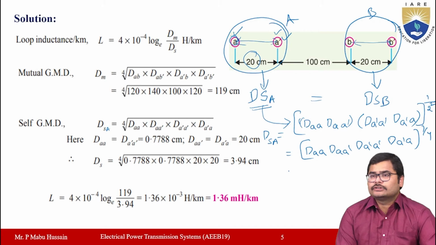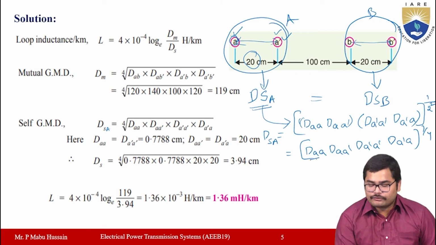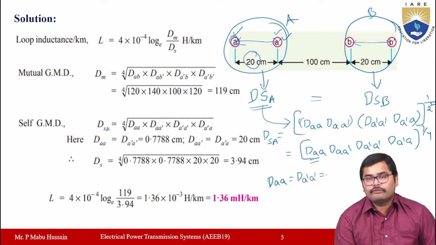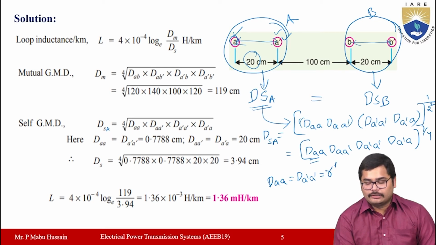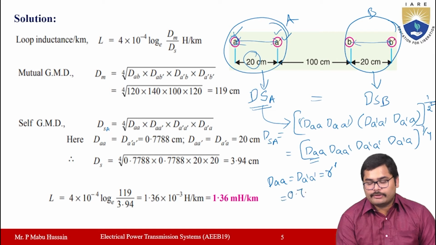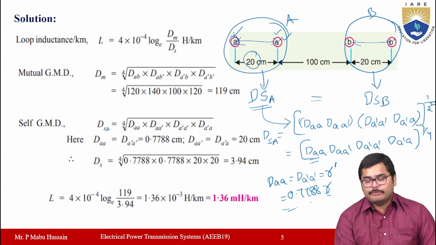Now here the value of self distances DAA as well as DA dash A dash will be equal to R dash. R dash here is nothing but 0.7788 times R, and the R value is 1 centimeter.